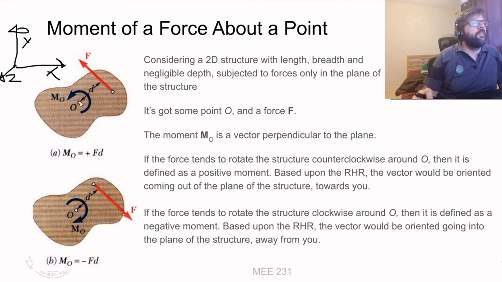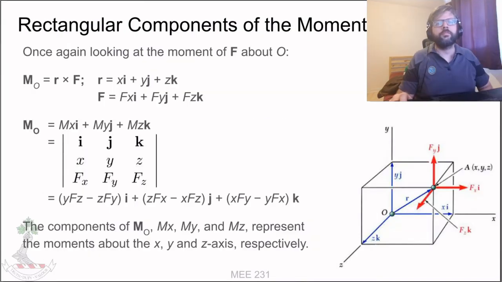So when you're looking at it in the XY plane, if it's a positive Z moment, then it's going to be causing rotation counterclockwise. Whereas if it is a negative Z moment, then it's going to be causing rotation that is clockwise.